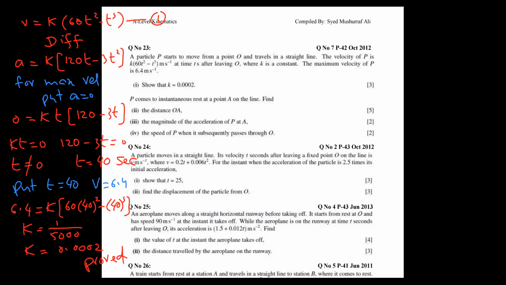For the second part, we have to prove P comes to rest at time A on the line. It means it started from O, goes straight, and at a time when the particle reaches A it stops.